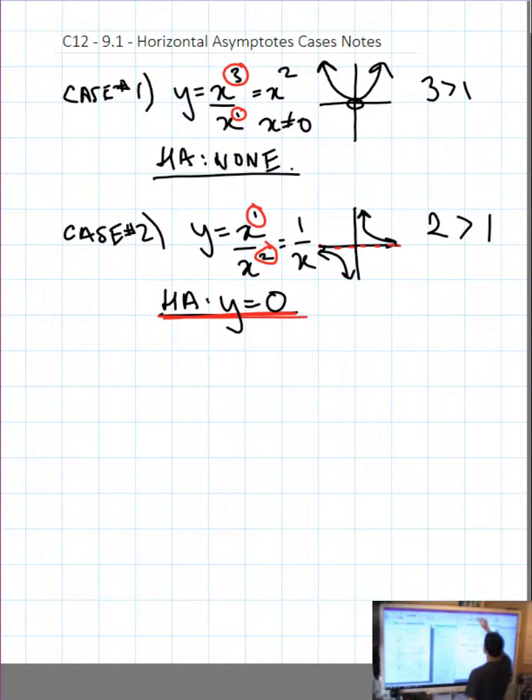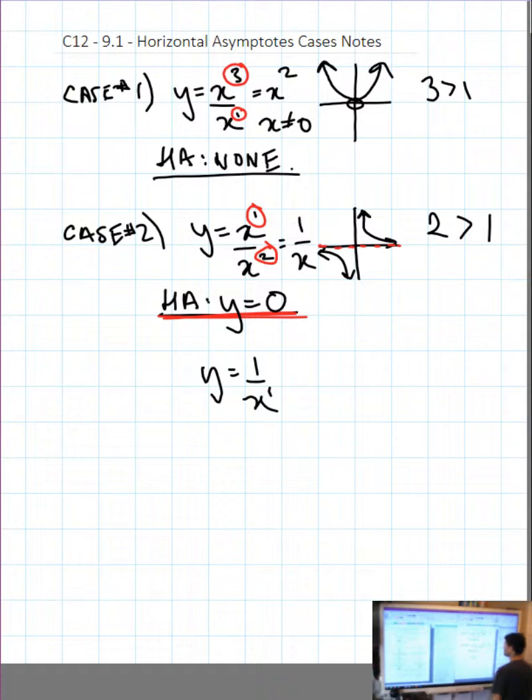Now, what if I decide to take that same thing, y equals 1 over x. Again, keep in mind, the one I gave you before, x over x squared, I just wanted to introduce that to really get the point across. If the exponent of x is higher on the bottom than on the top. Now, this y equals 1 over x, we have an exponent of 1 on the bottom.